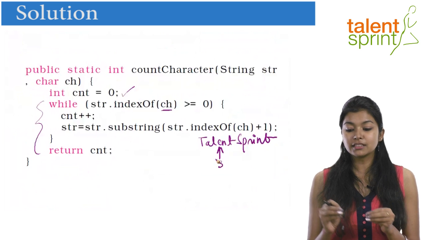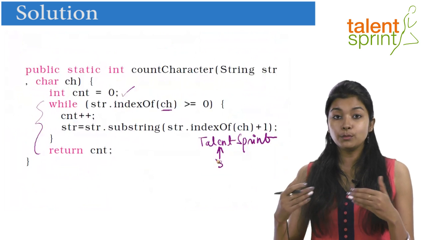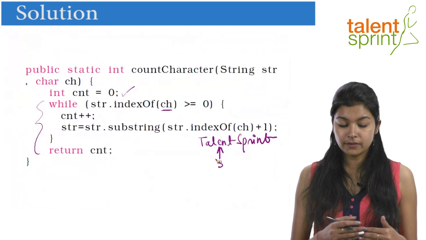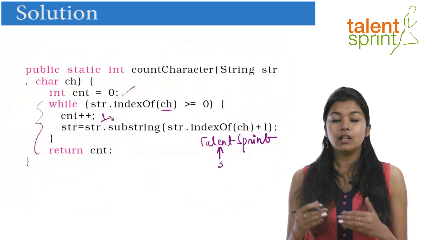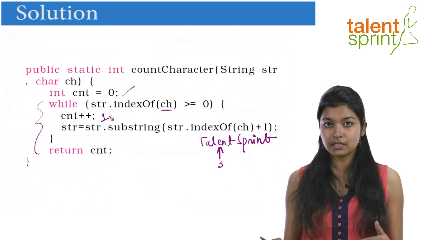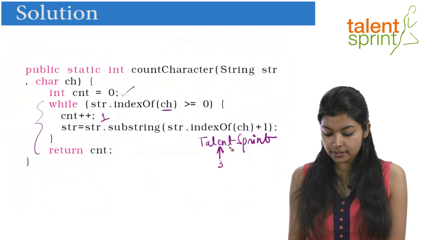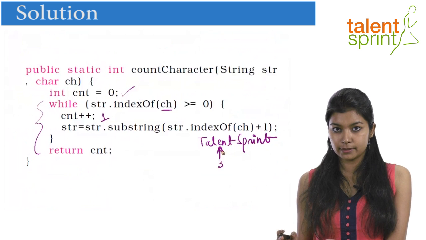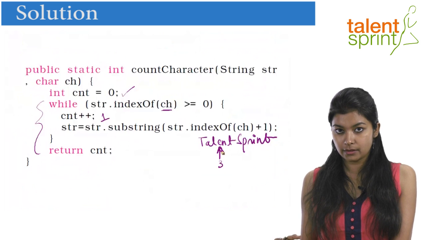Now this indexOf character is definitely greater than or equal to 0. So we move inside the loop where we increment our count, which is 1. Now in the next line, since this is the first occurrence of our character, that means before this there was no E in our string.